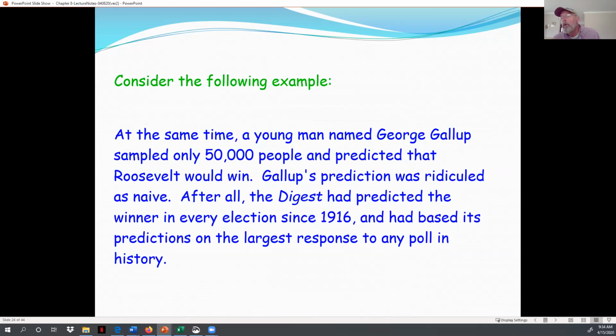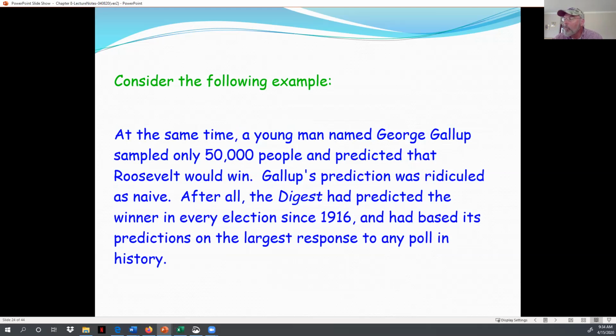Okay, so at the same time, a young pollster named George Gallup, and today you still hear the Gallup poll, sampled 50,000 people and predicted that Roosevelt would win.